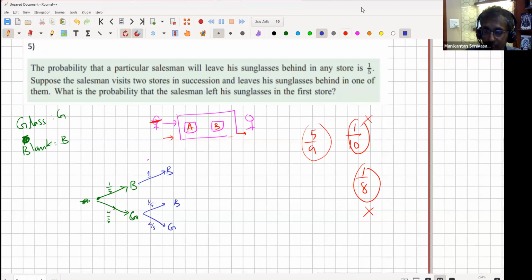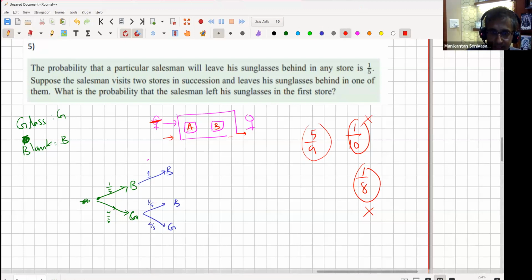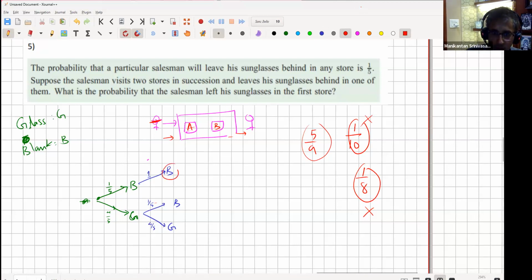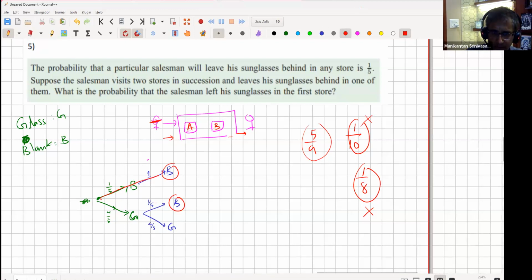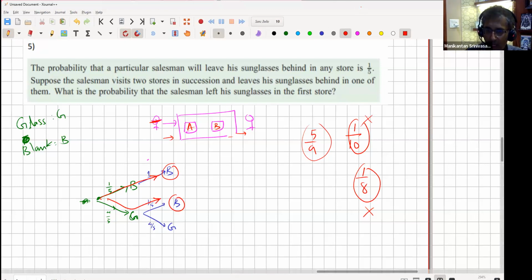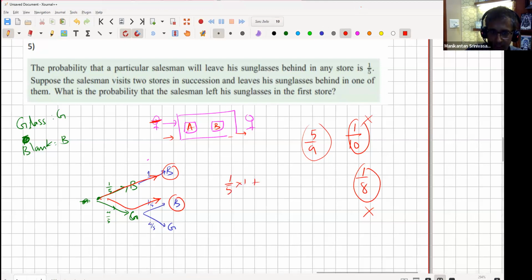Now, where are we in this question? In this question, we are saying that he did walk out blank, which means he's either here or here. Which means either he came through this path or he came through this path. Right? So collectively, what is the probability? It's 1/5 into 1 for the first path plus 4/5 into 1/5 for the second path.